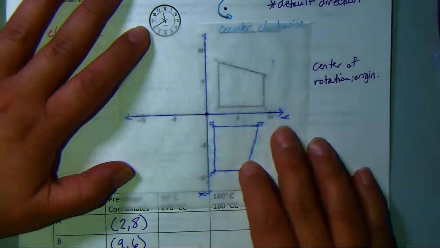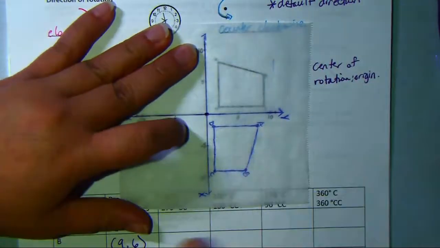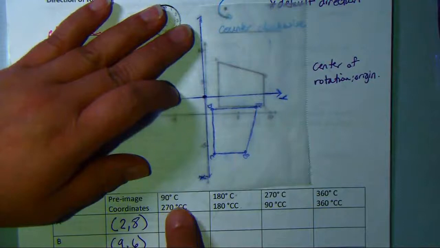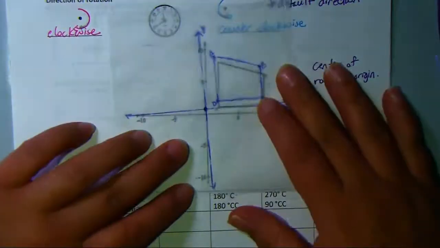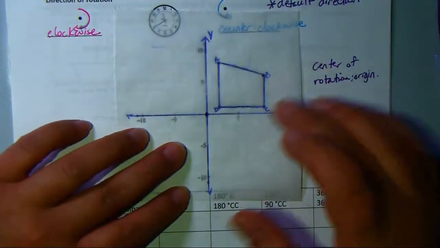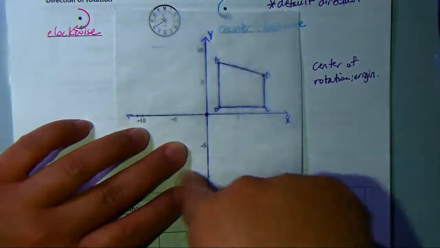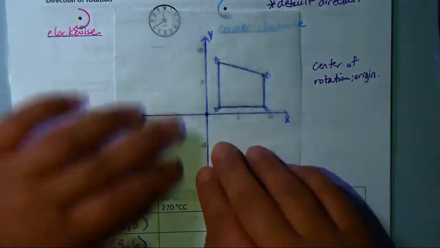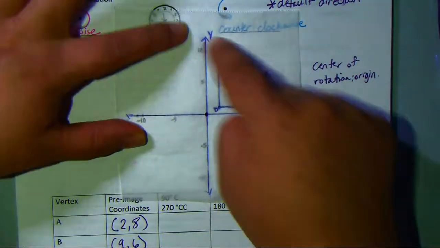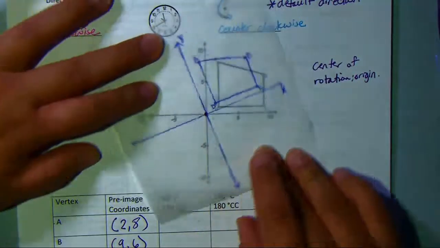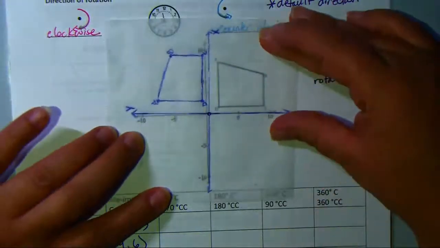This would be the same thing as rotating 270 degrees counterclockwise. 270 degrees means three quadrants. So 270 counterclockwise, that's this way, would mean here's one rotation, that's 90 degrees.